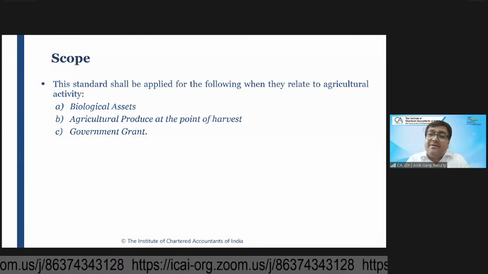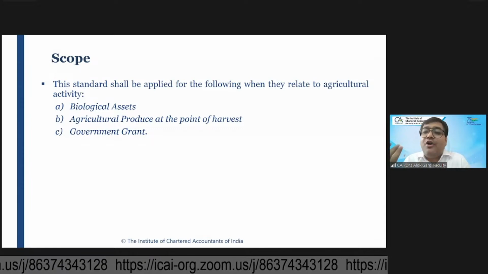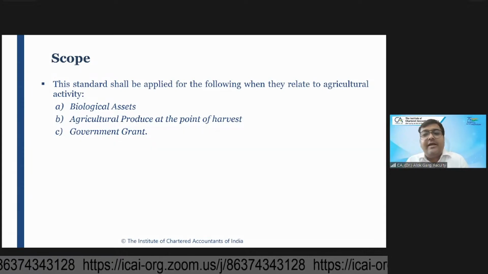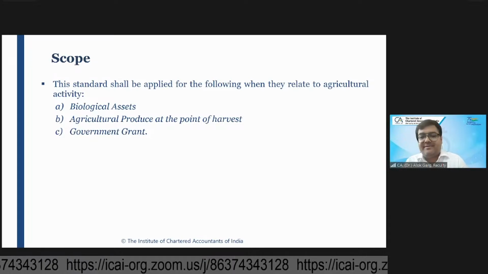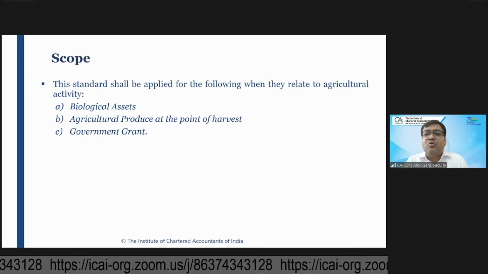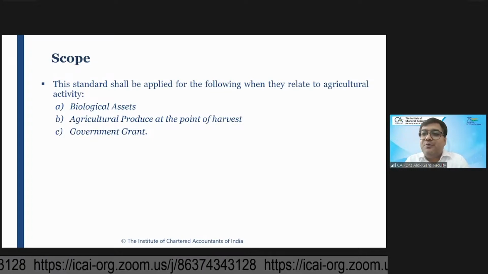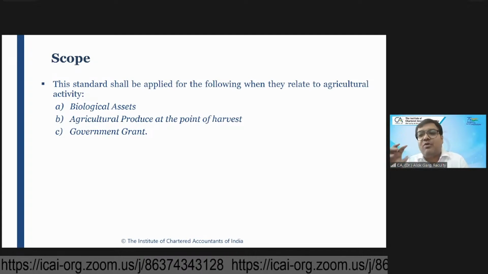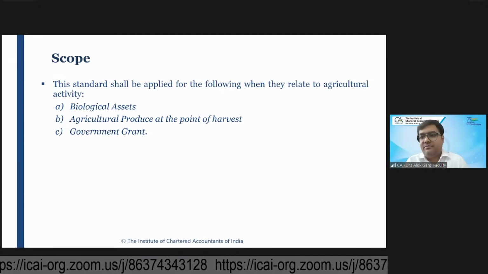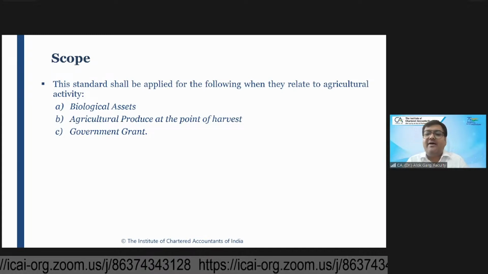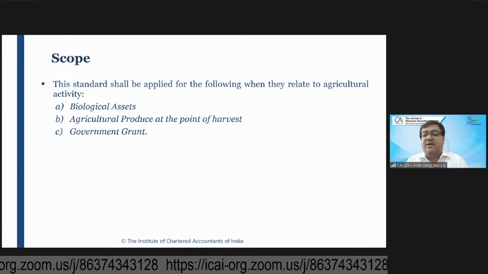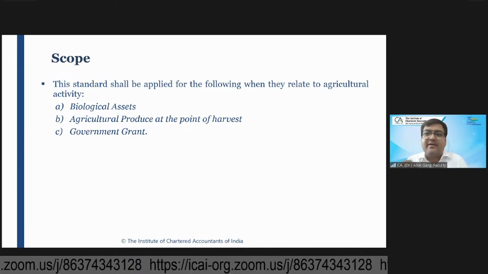When I say plant, there are two kinds of plant: bearer plant and non-bearer plant. Bearer plants bear fruits and vegetables for more than 1 year, like mango, apple, guava, banana, tea, coffee, rubber.